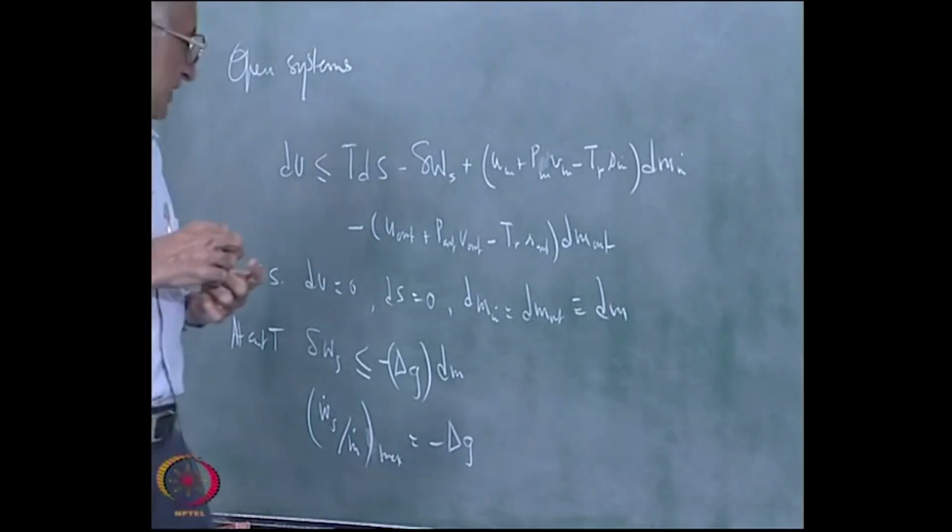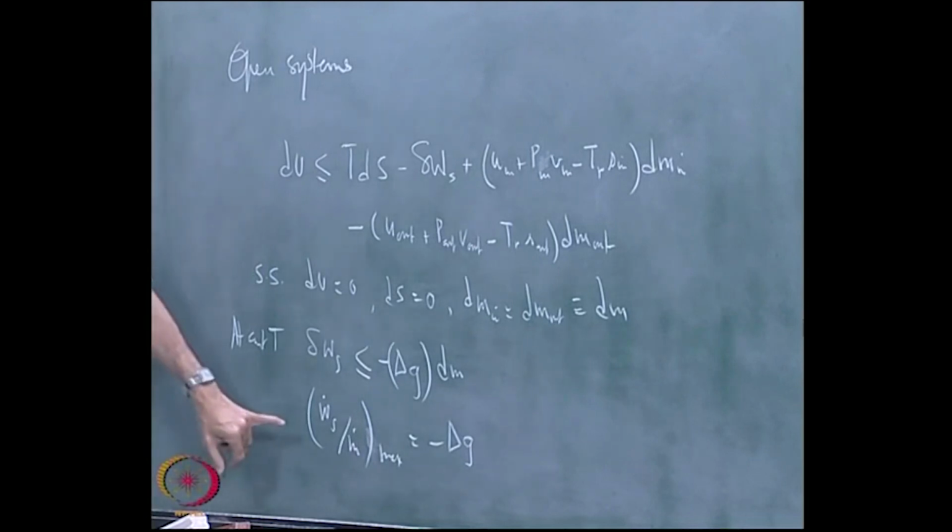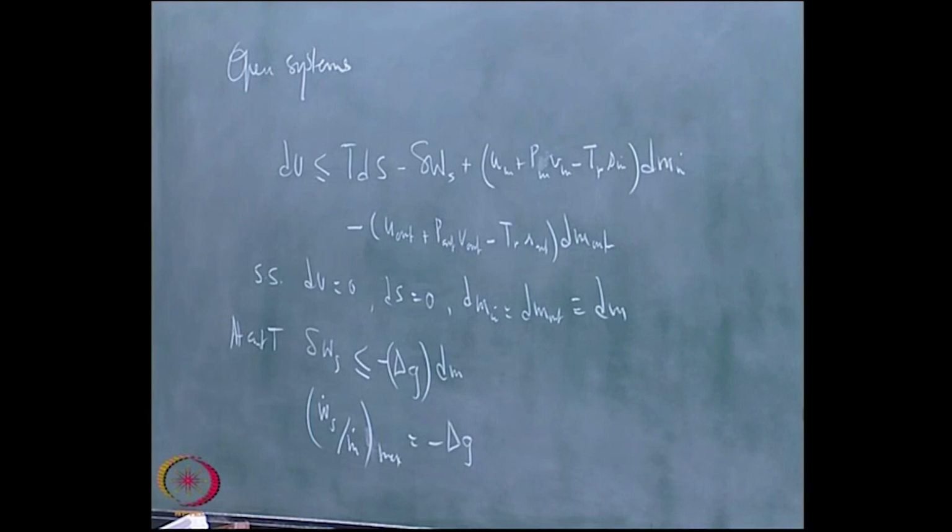So the maximum work that you can get per unit flow of mass through the system is equal to the change in the Gibbs free energy with a minus sign. This is also the minimum work you have to put in.